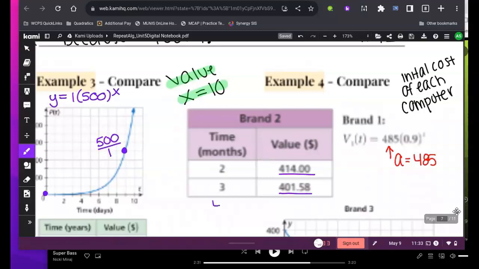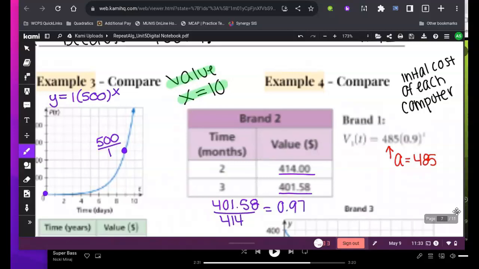So we're going to do 401.58 divided by 414. We'll type that into the calculator. So that gets us 0.97.